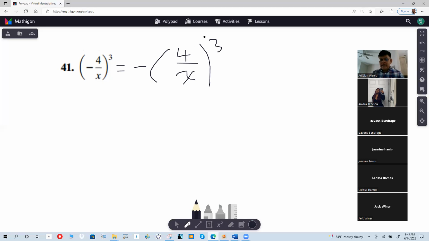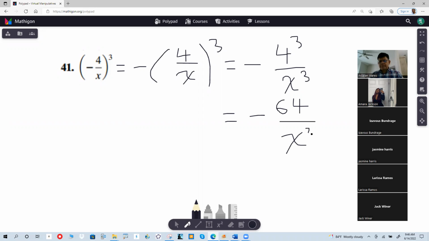Now, this simply means, don't forget the negative, 4 to the power 3. We said a power outside parenthesis should be applied to everything inside the parenthesis properly. Your calculator will tell you 4 to the third is 4 times 4 times 4, which is 16 times 4, I think it's 64. I'm going to double check real quick on my calculator. 16 times... Yeah, I think that's right. You're right. Okay, good. So that's our 41.